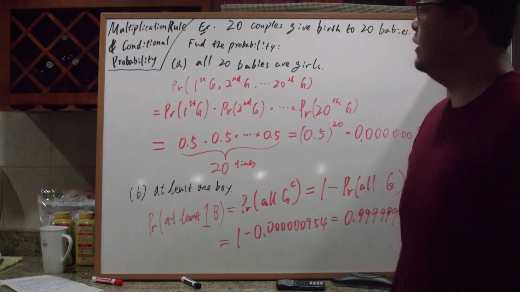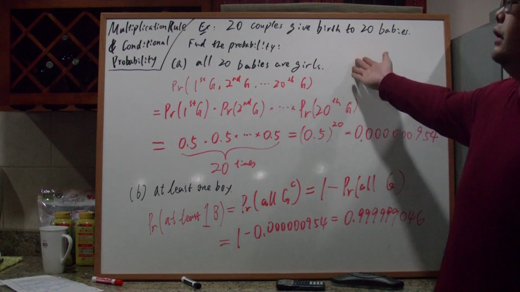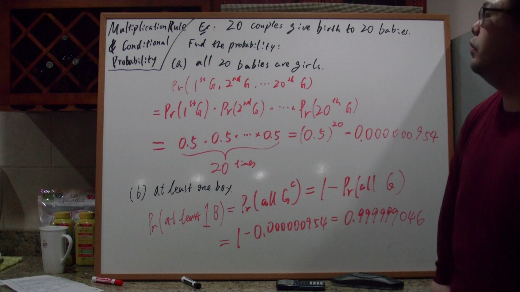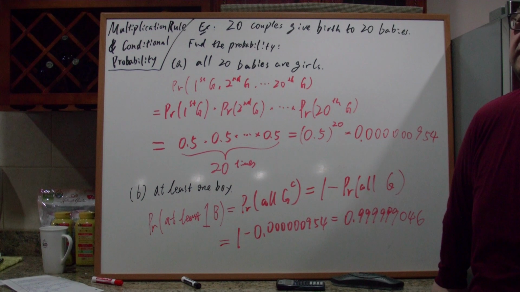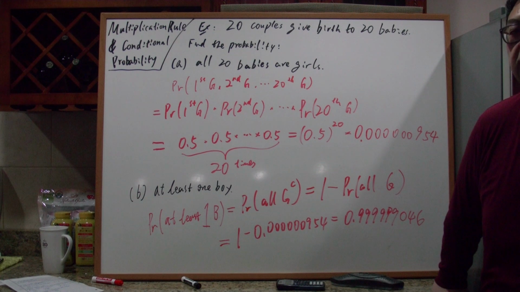Right, so that is the 20 girls in a row. Well, what happens if it is 2 boys and 18 girls? Well, that will be a little harder, because we don't know which 2 are boys out of the 20 births. It affects the couples differently.